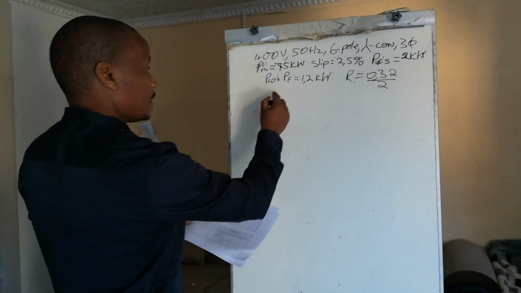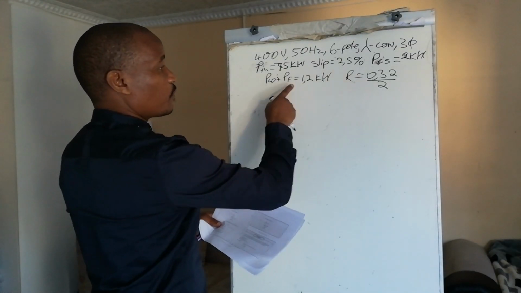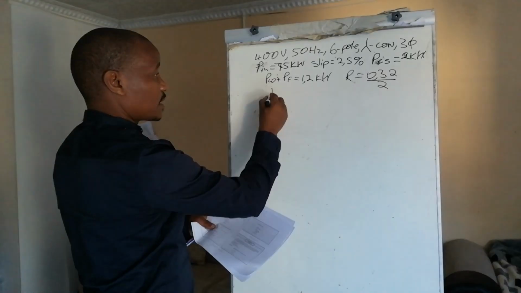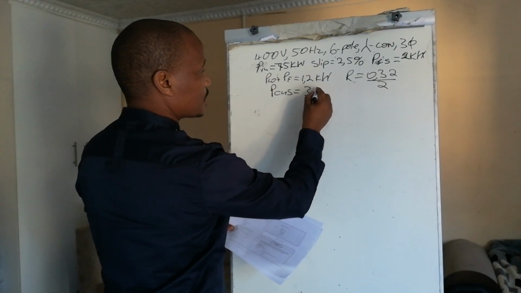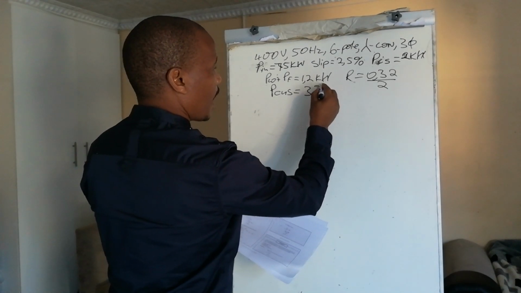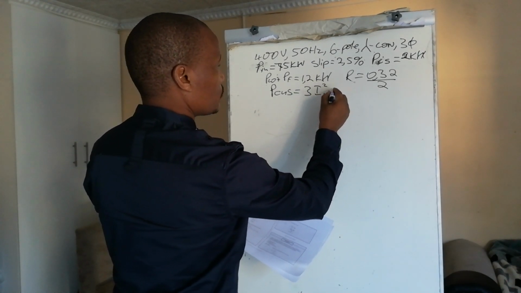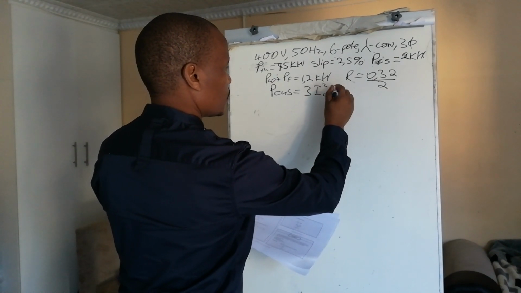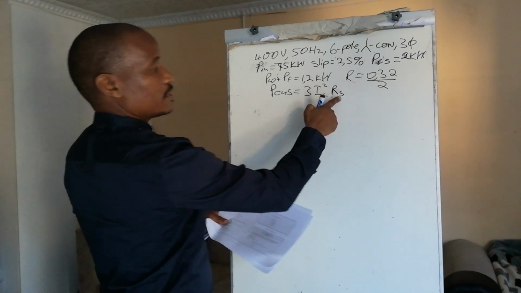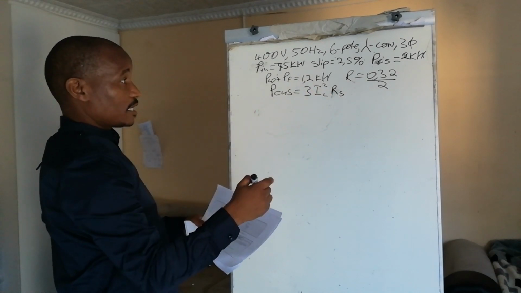Because we've got the stator resistance, let's first calculate the stator copper losses, which is 3 I squared times the stator resistance.